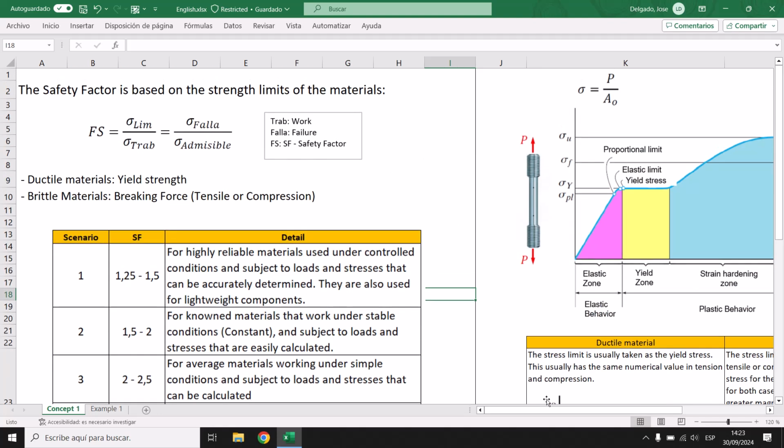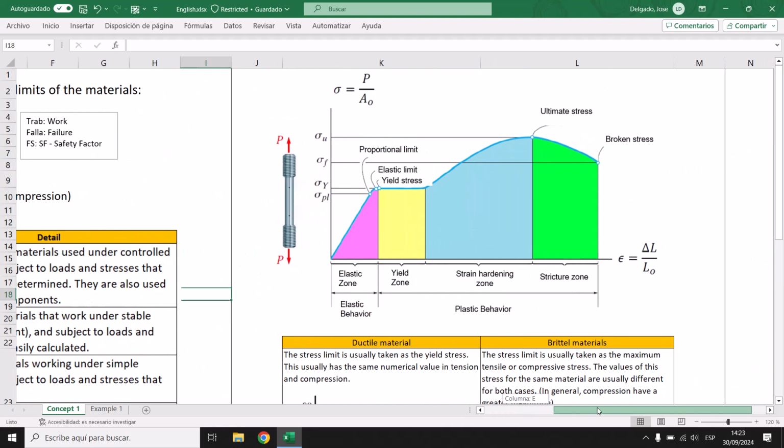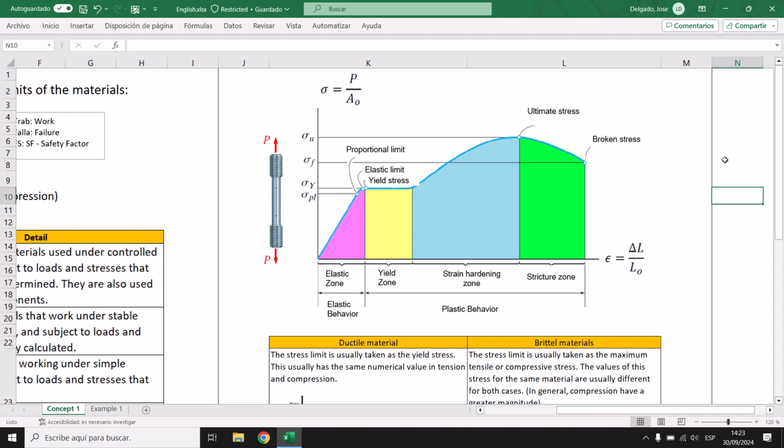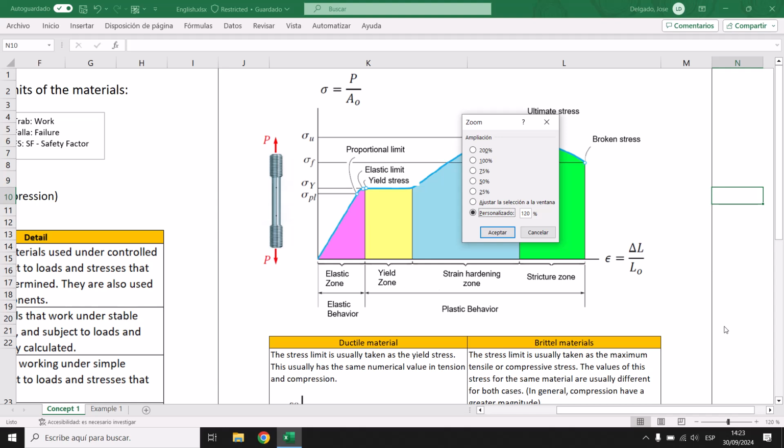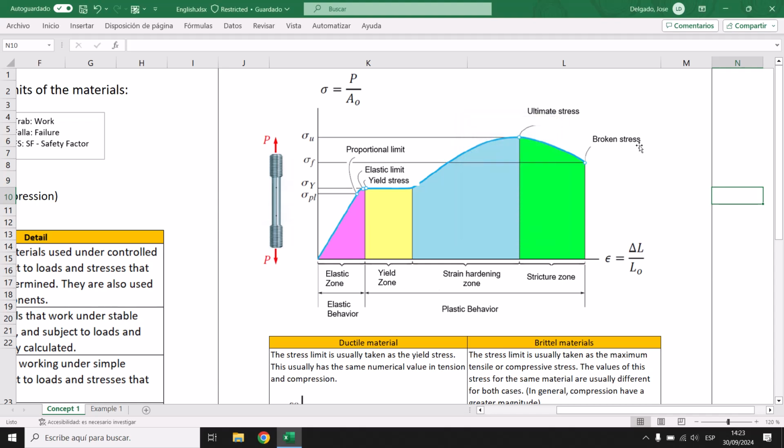So let's continue. This is a picture of how all the cases of the material behave. This is about a tensile stress test.